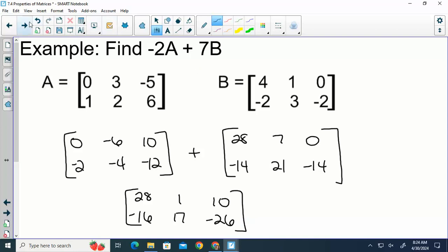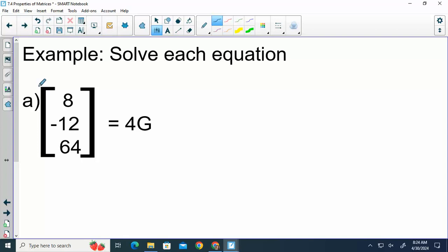What if I asked you to solve this equation? A capital letter is just representing a matrix. So it's just like any other equation. If you're trying to get G by itself, G is representing a matrix.